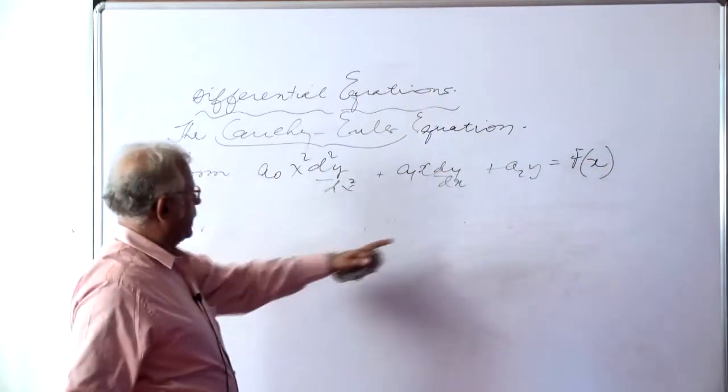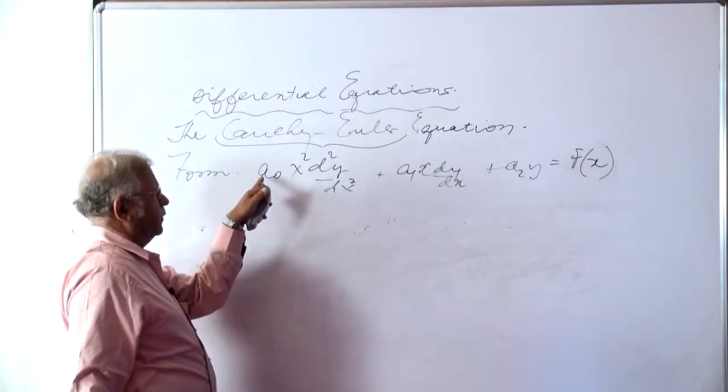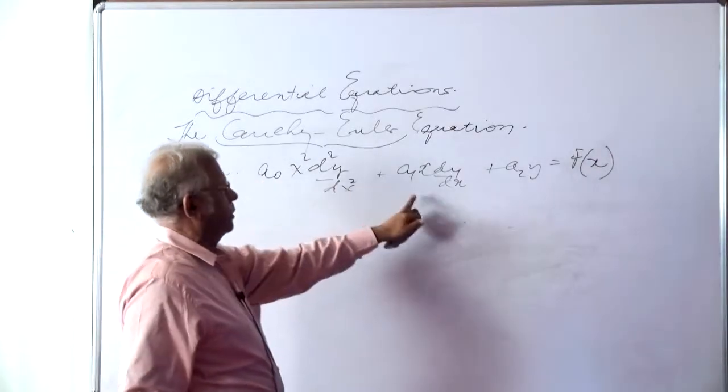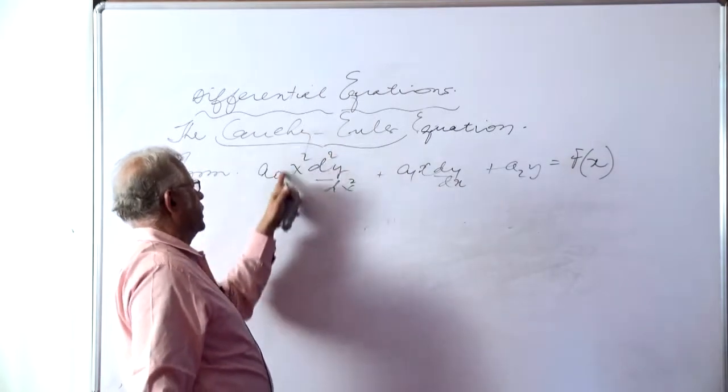I put it back once again because I wish to emphasize that if we divide the entire equation by a naught, then the first coefficient can be taken as 1.